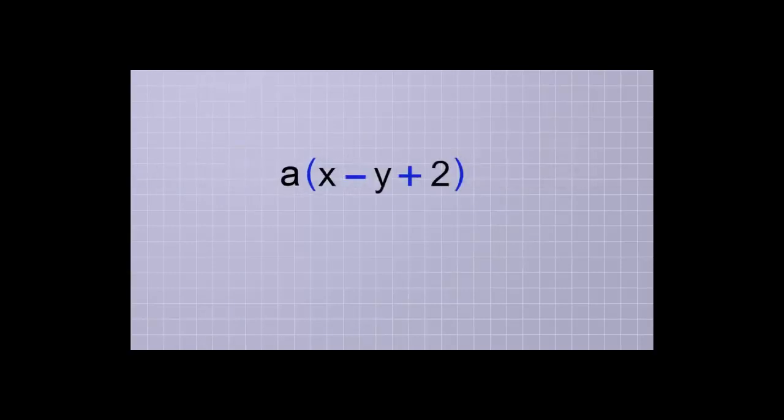And a times the group x minus y plus 2 can be changed into the distributed form ax minus ay plus a2, or 2a, which is more proper.